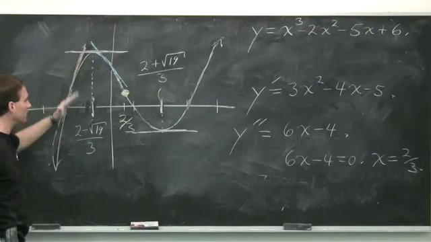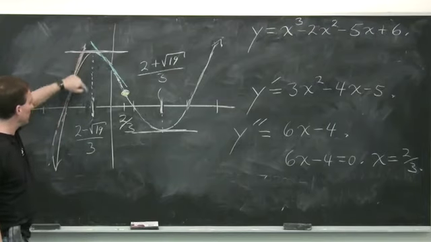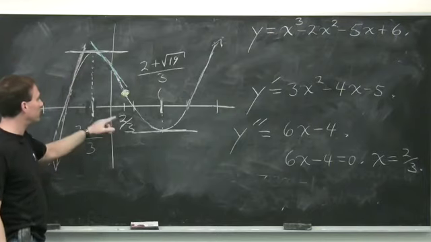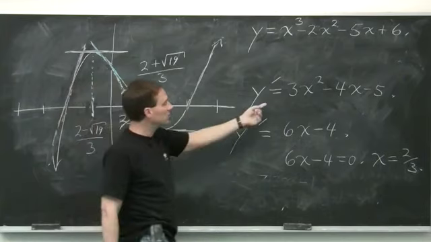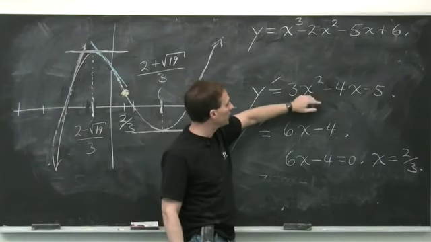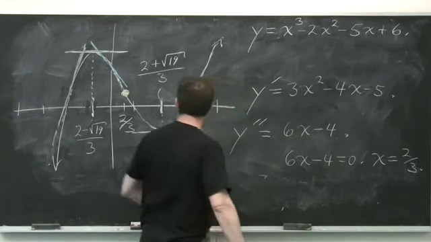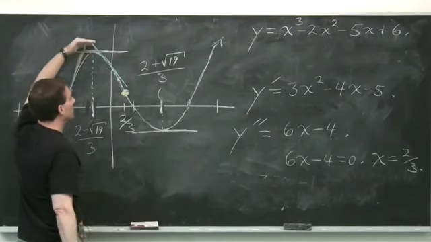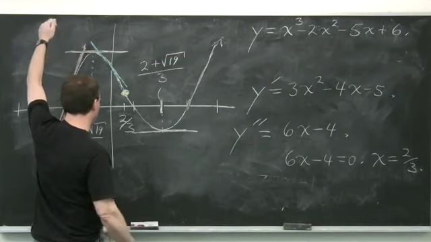That's why you see this positive slope. Between 2 minus the square root of 19 over 3 and 2 plus the square root of 19 over 3, my favorite x value is 0. When x is 0 in y prime, you get 0 minus 0 minus 5, something negative. And yes, we see the negative slope between here and here in the graph. The graph goes from the upper left to the lower right.